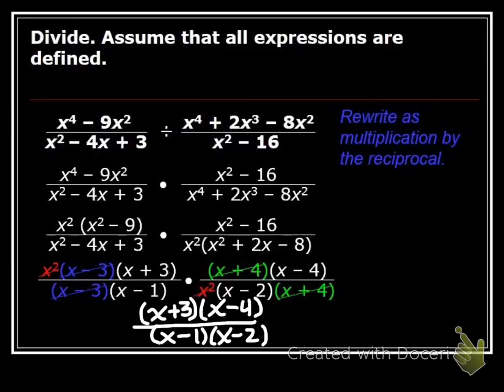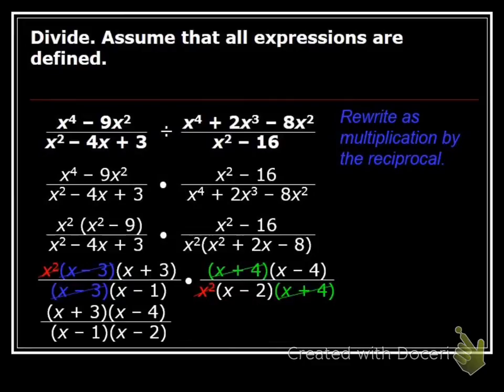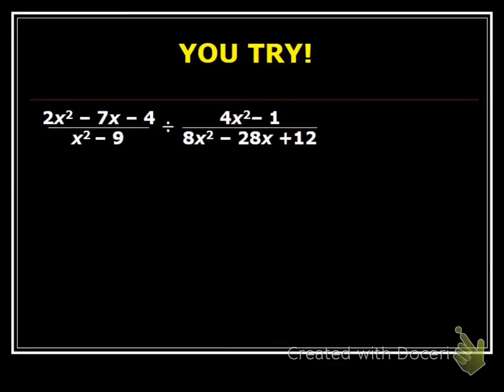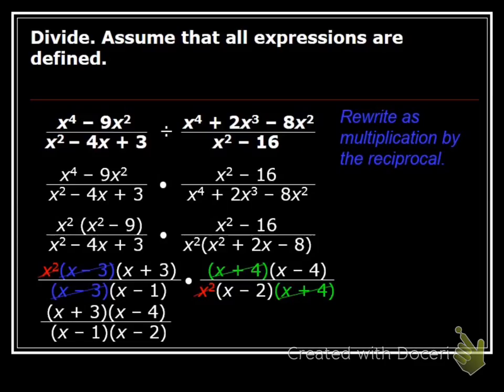So I did x plus 3 times x minus 4 because they didn't go anywhere. x minus 1 times x minus 2. They didn't get canceled out, so they have to stay. And then just leave it there. So yes, you could do a box and tell me what x plus 3 times x minus 4 is, but just don't. Just leave it like that.